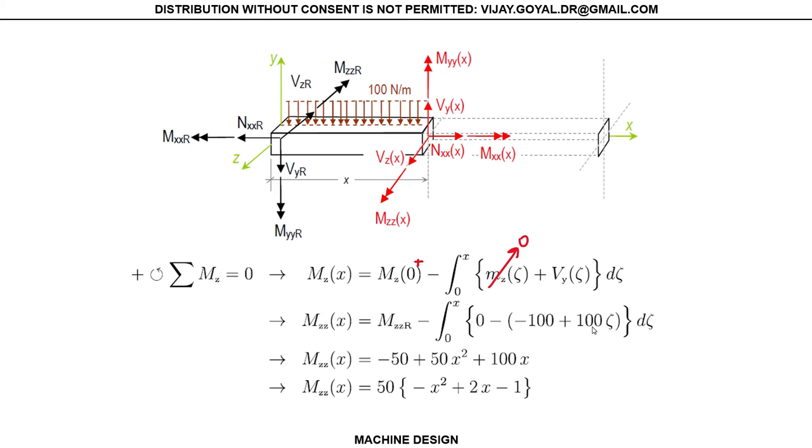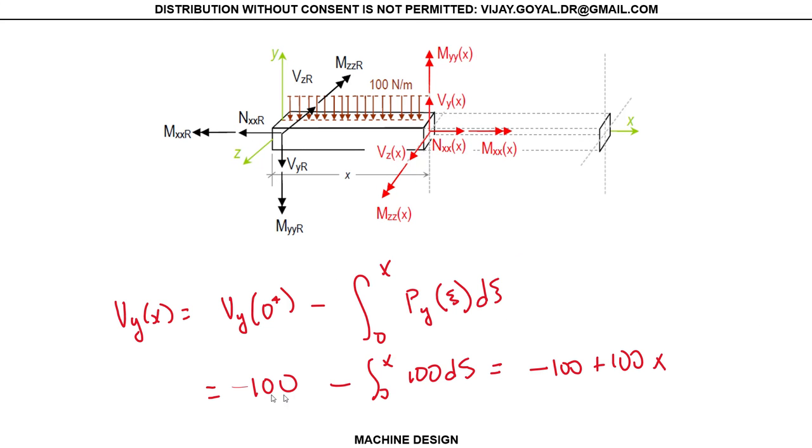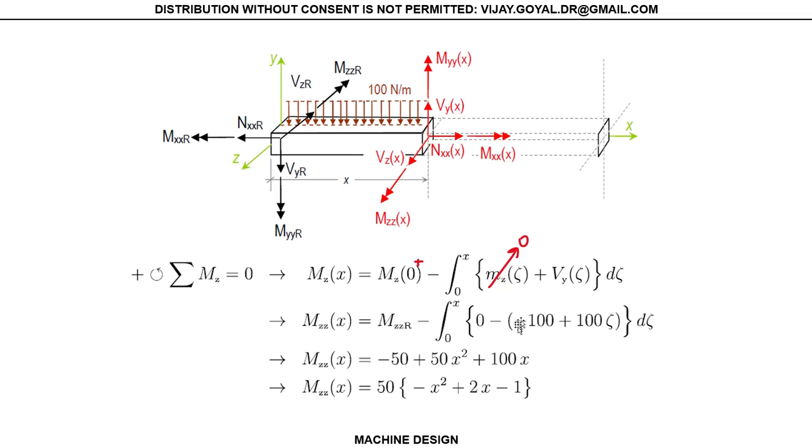This is minus 100 minus 100 ξ. Where does that come from? We found it here, minus 100 plus 100. So that's why this goes in here. So you solve the whole problem here, and this is what your loads look like.